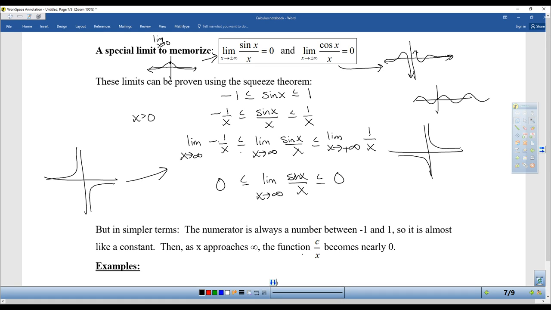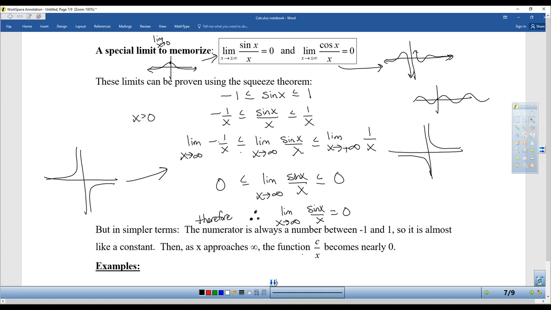So they call this the squeeze theorem because if the limit we're actually looking for is some number between 0 and 0, then therefore (this three-dot symbol means therefore) the limit as x approaches infinity of sine of x over x is equal to 0 by the squeeze theorem.